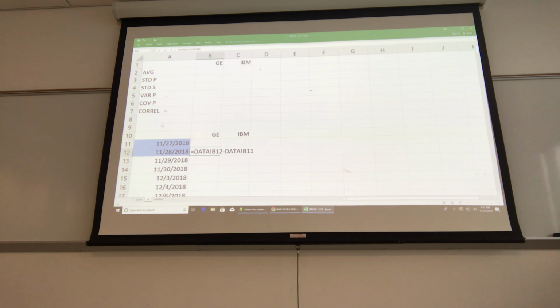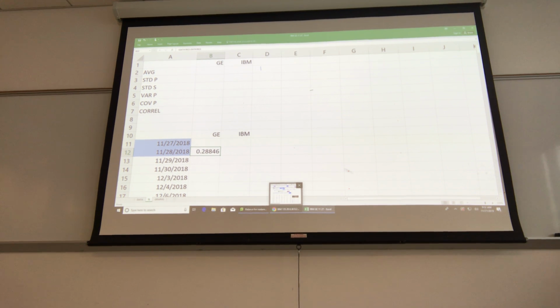Go to data and take whatever is in B12 and subtract the 11. And Imani says that from one day to the other, it goes up 28 cents, close to 30 cents. And she wants to see what is happening with the IBM. In IBM, it goes up close to $3.